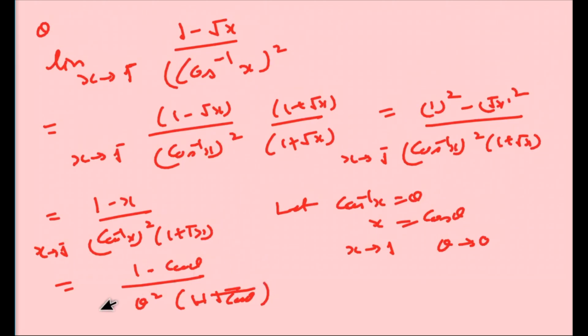Okay, theta tends towards 0. Now, using the trigonometric formula, we can change it into sine form. So we can write here 2 sin square theta by 2 upon theta square.